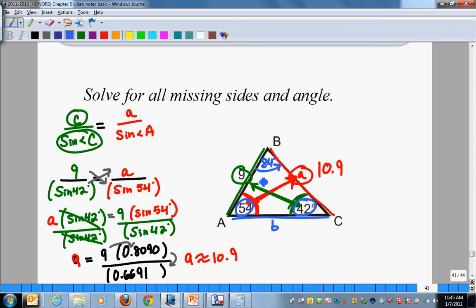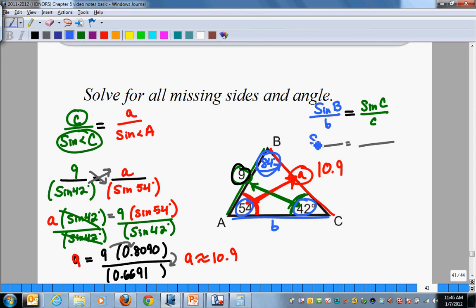Now obviously I want B here, so I'm going to show you that you can flip this. It really doesn't matter which way you go. Sine of B over side B equals, I'm going to start with my original and use C: the sine of angle C over side C. Plug these in.